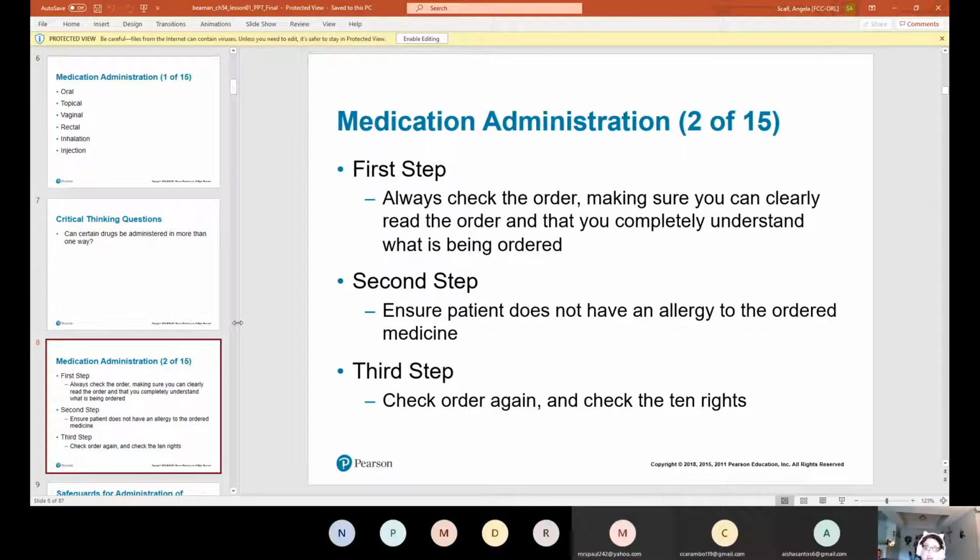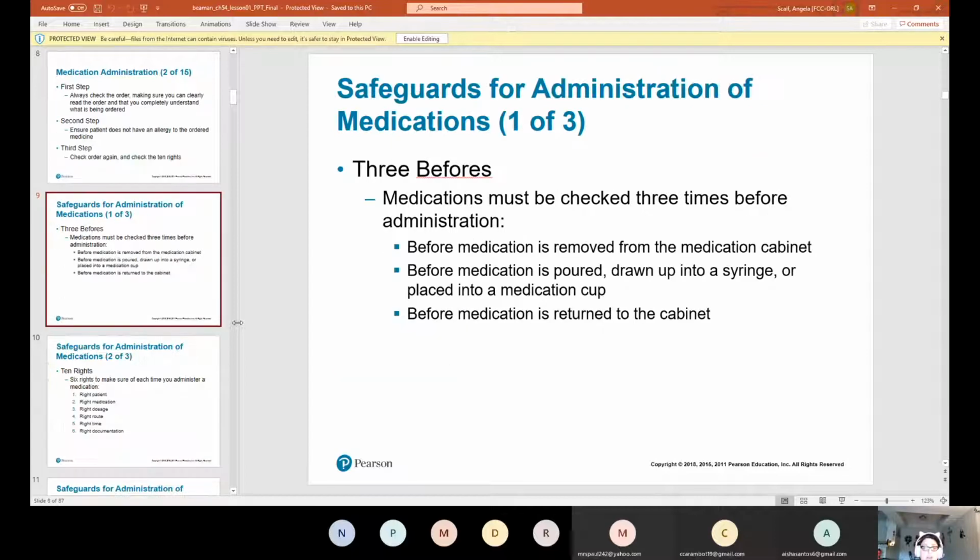And then the next thing is I'm going to run through the 10 rights, and that's why I posted that to y'all. I want you to have them. And when it tells you that a medicine has to be checked 3 times, it really honestly does, okay?